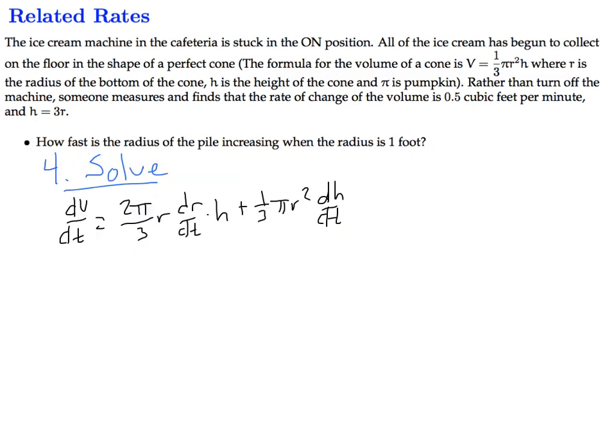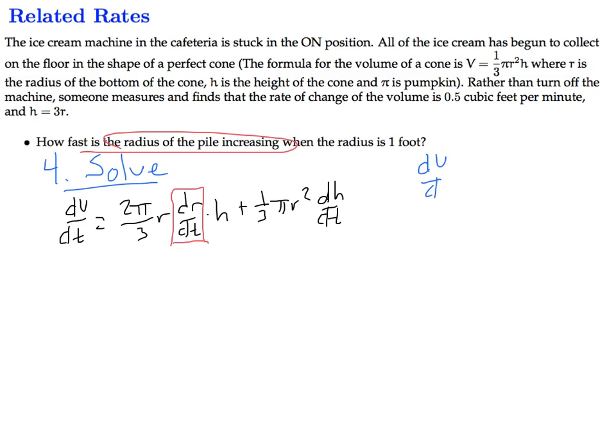Now in step 4 we have to remember what we were doing. Our problem says we want to figure out how fast the radius of the pile is increasing. So we need to solve for dr dt in our equation. We substitute in the numbers for everything else, but figure out what that dr dt is. Way back in problem 1 we had a lot of things given.